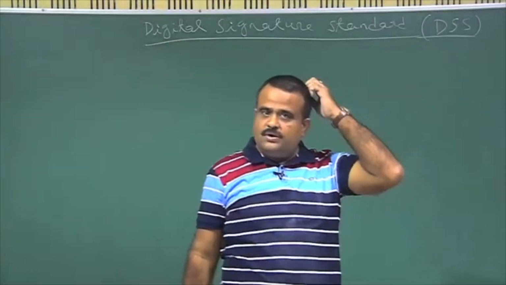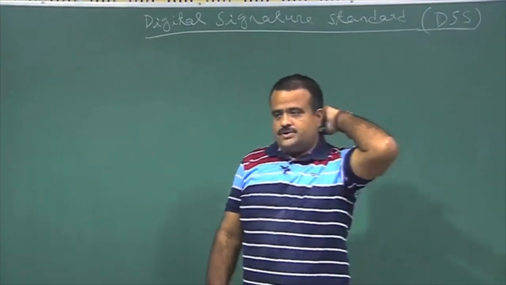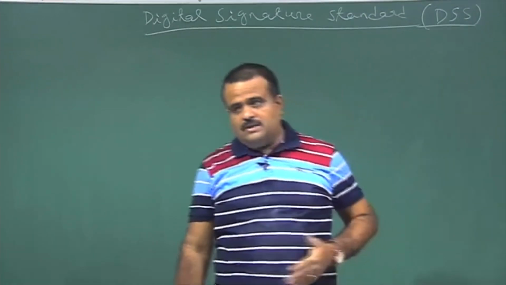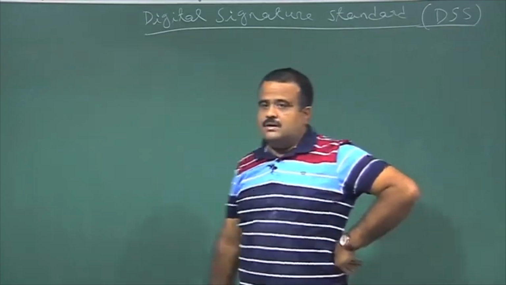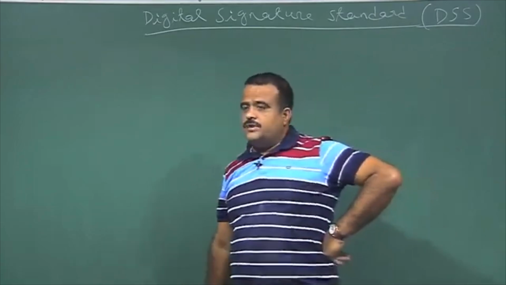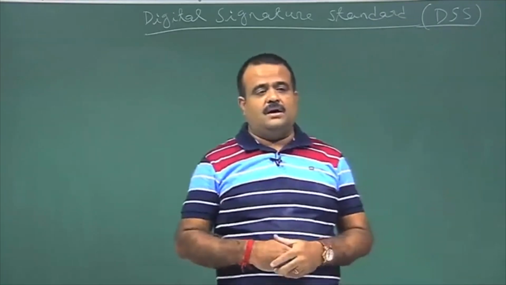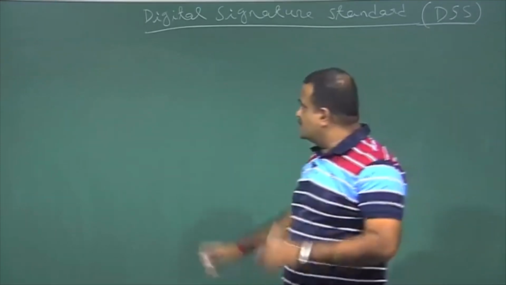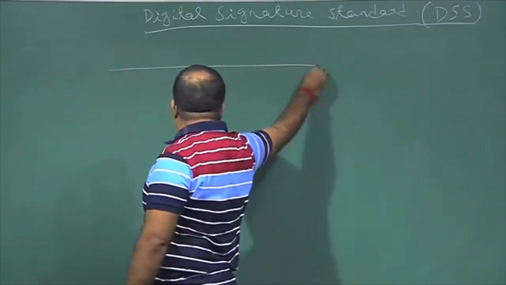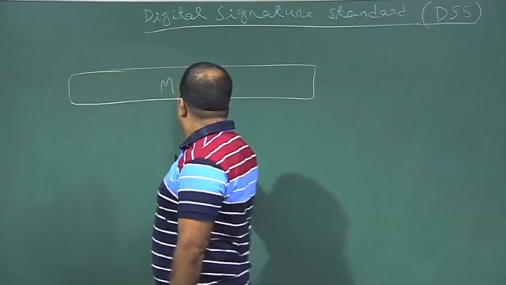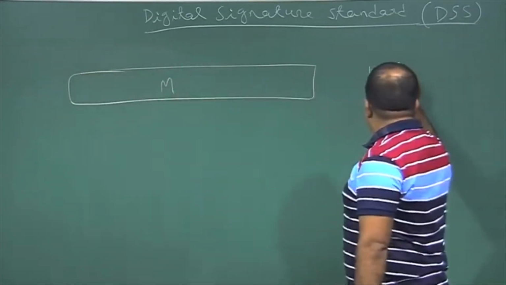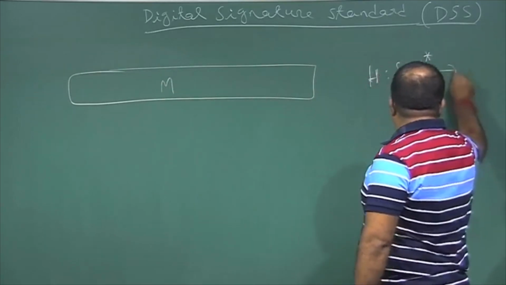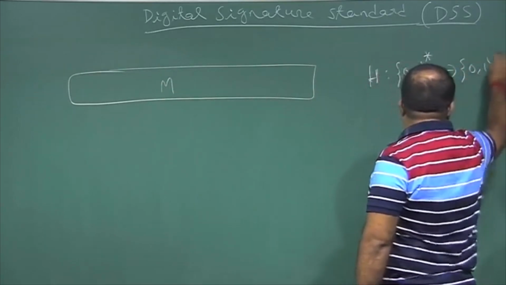Okay, so we will talk about the digital signature standard, which is based on the SHA secure hash algorithm to reduce the plain text to 160 bits. As you know, a hash function can take any size plain text m to a fixed size digest.